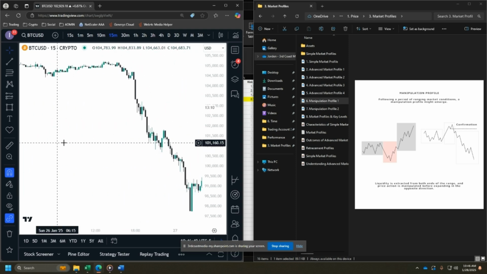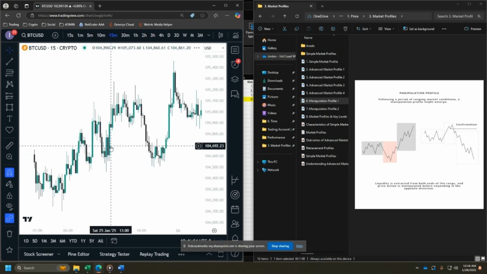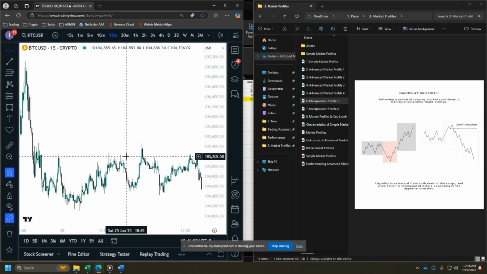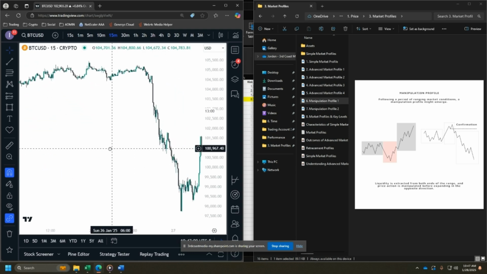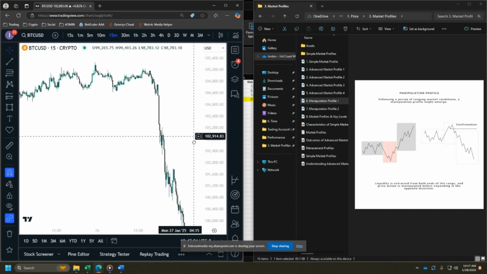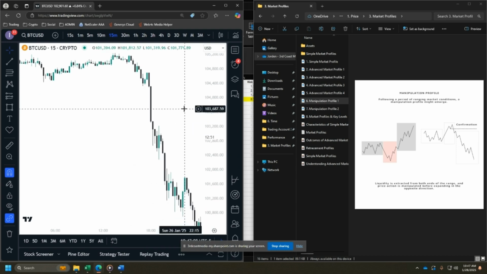These things don't come up all the time, which is why we wait for the setups, so that way we only participate in high probability conditions.